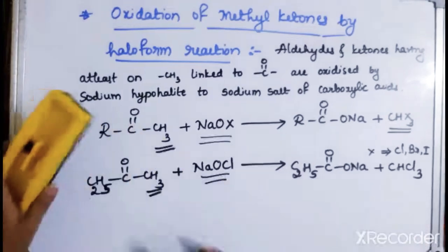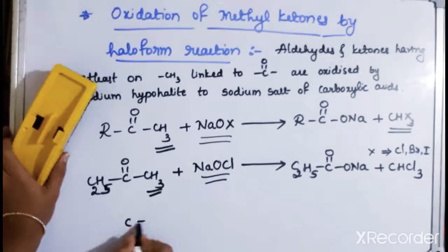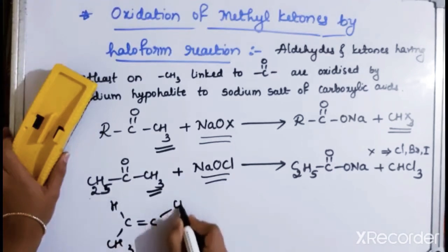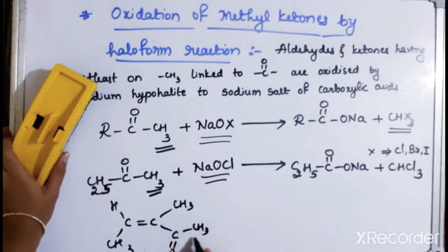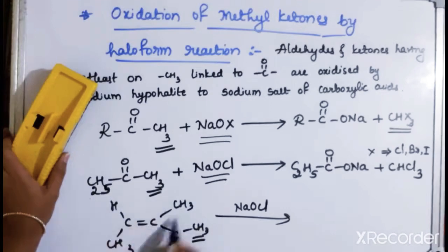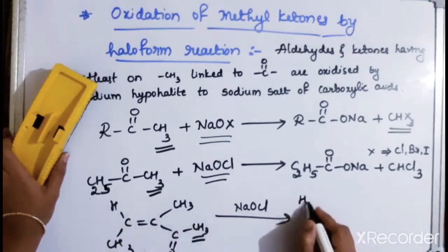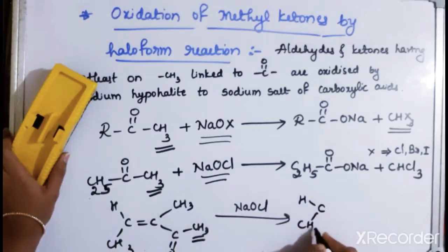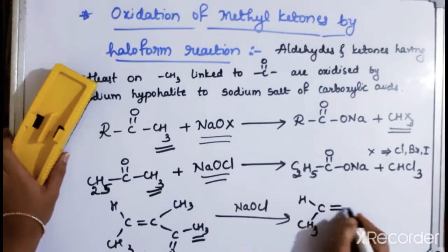So, for example, if I have here this type of compound with COCH3, so our CH3 is here, methyl ketone is here. So if this is treated with sodium hypochlorite, then only this part is subjected for change. The rest of the things remain as they are.